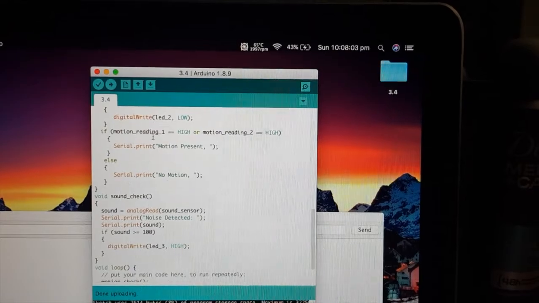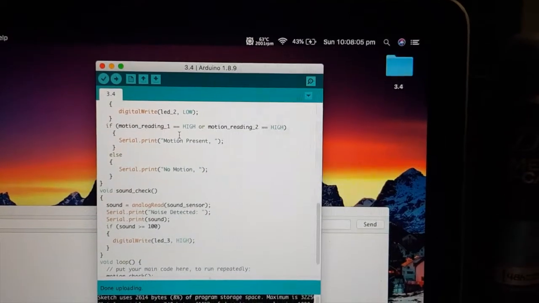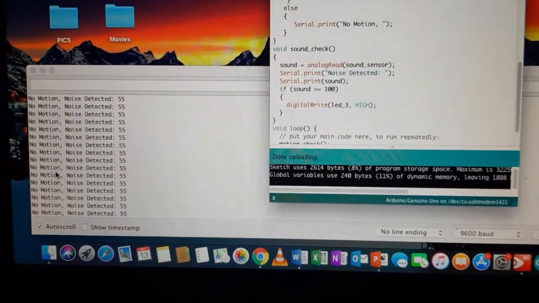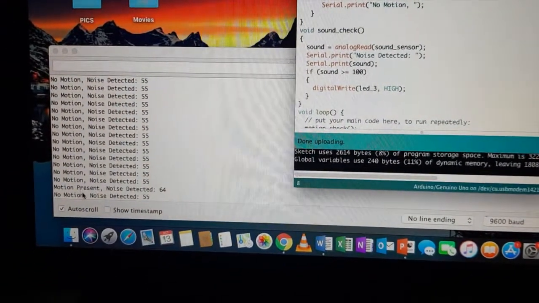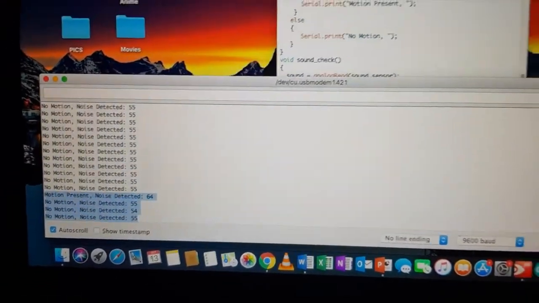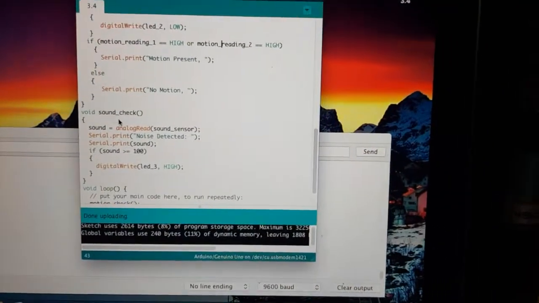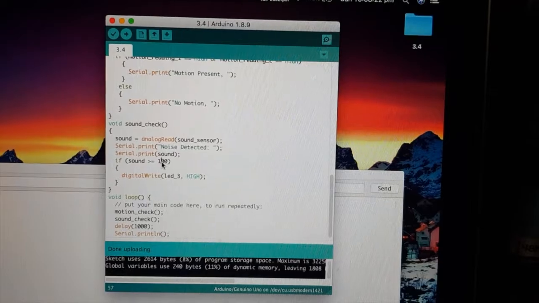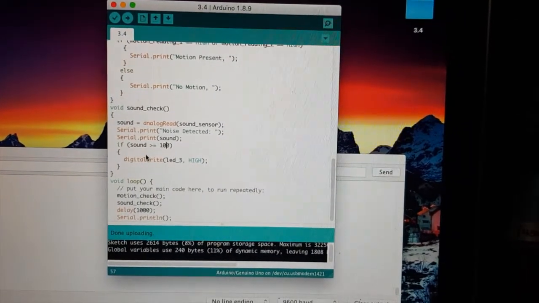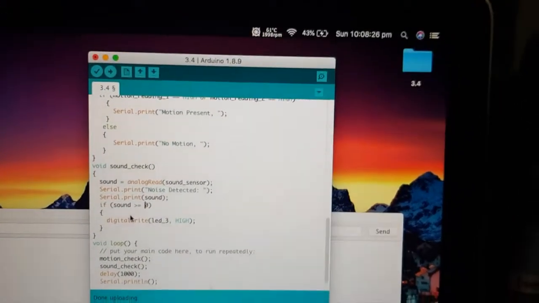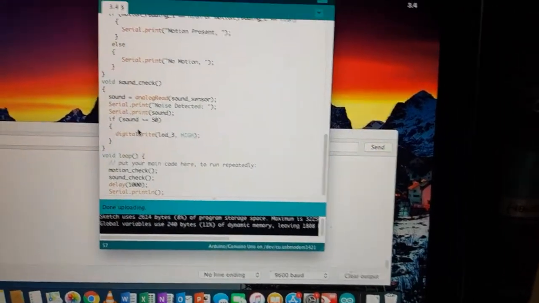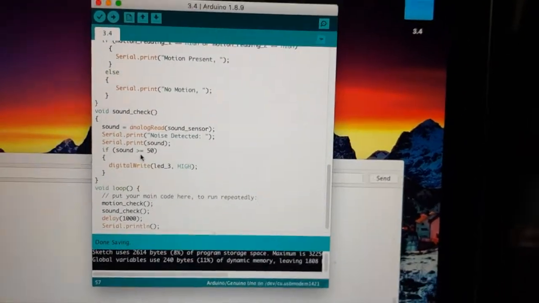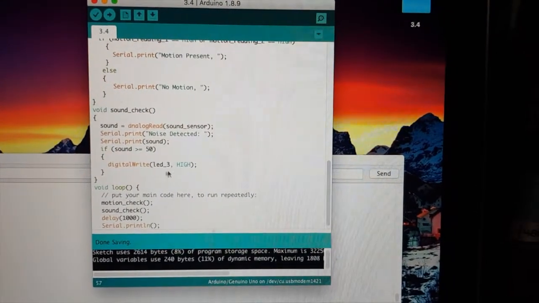And if the motion reading is high for any of the sensors, then the serial monitor will print motion present, which it is detecting right now. For the sound check, it's the same. I've defined a value of 100 for now because I was talking very loudly, but this value should be 50. So if the sound value is equal to or above 50, my LED will light up.